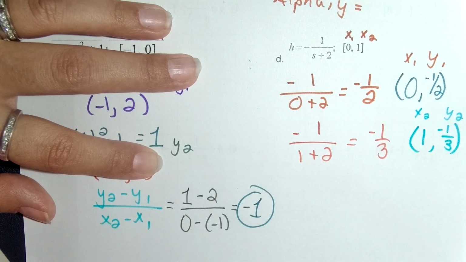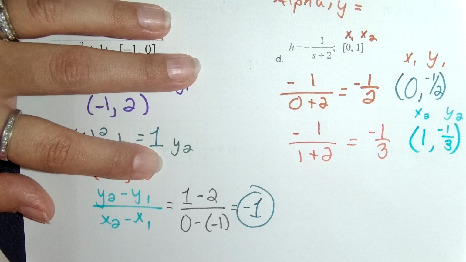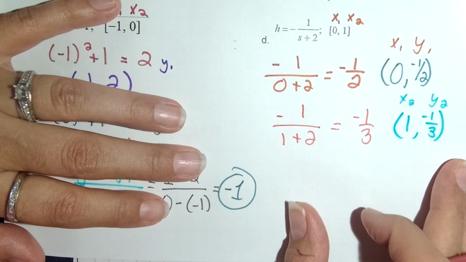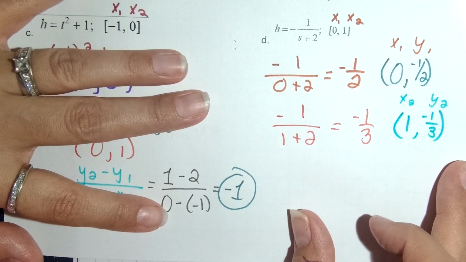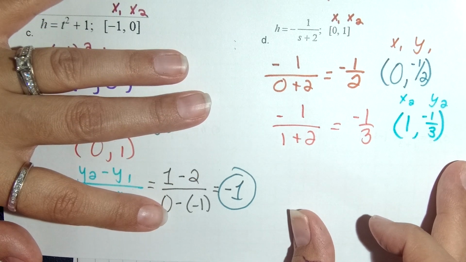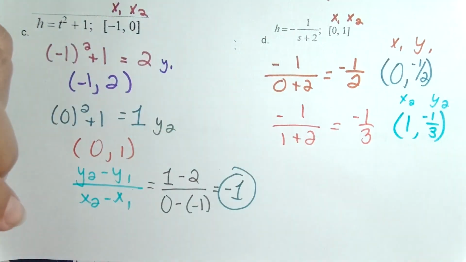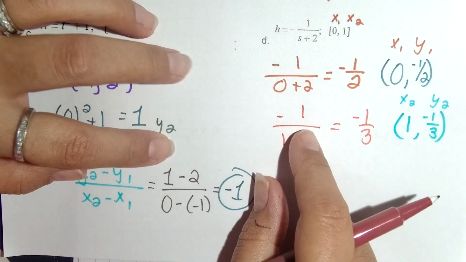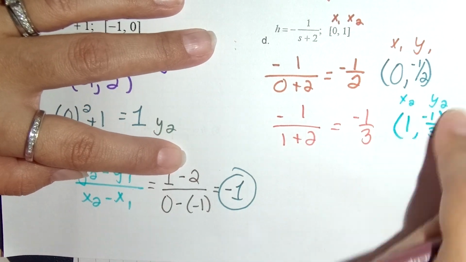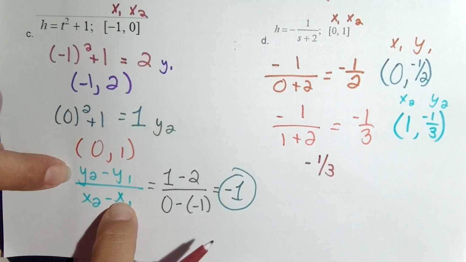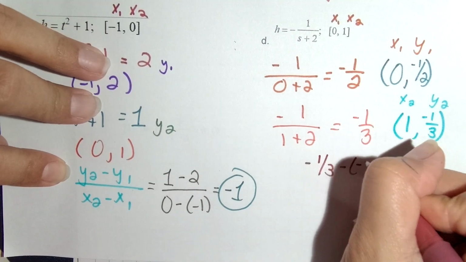And then what do I do with that? Do I just substitute it back in for s? Look at your notes. What are we using? The slope formula. So I'm going to substitute this into my slope formula. I have negative 1/3 minus negative 1/2.